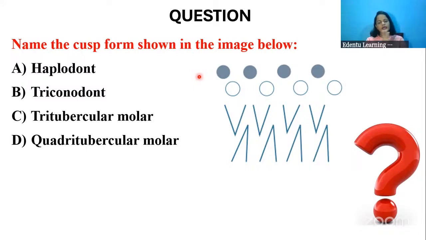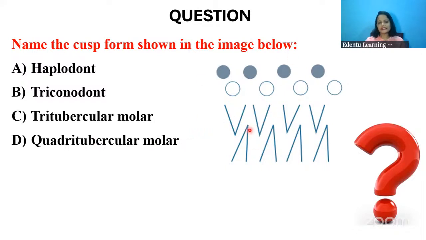Based on the phylogeny, that is the evolutionary relationships, the cusp forms of the animal kingdom can be divided mainly into four types: haplodont, triconodont, tritubercular molar, and quadritubercular molar.